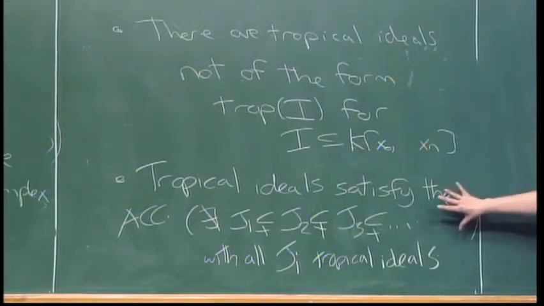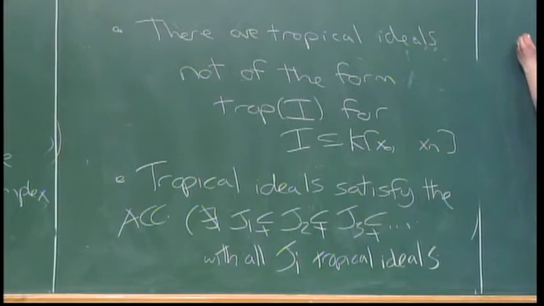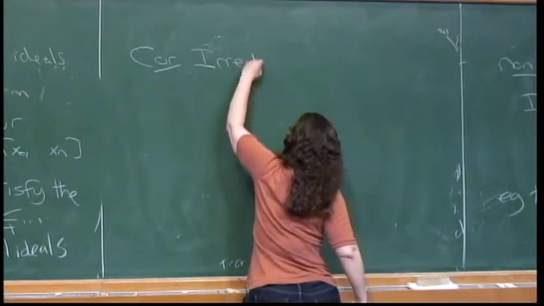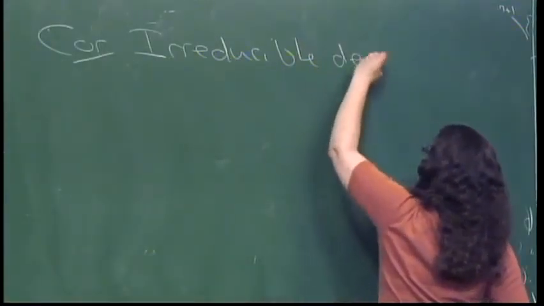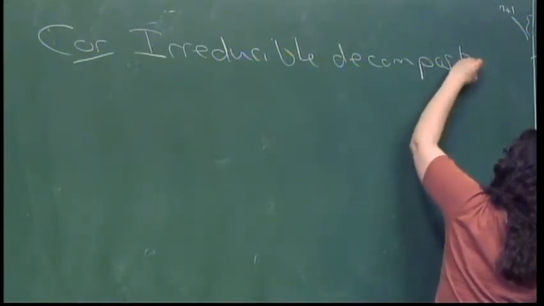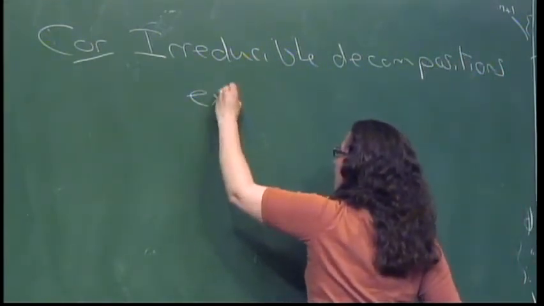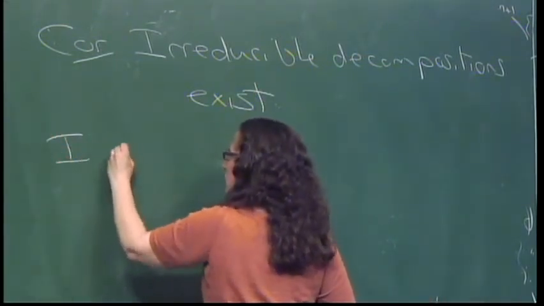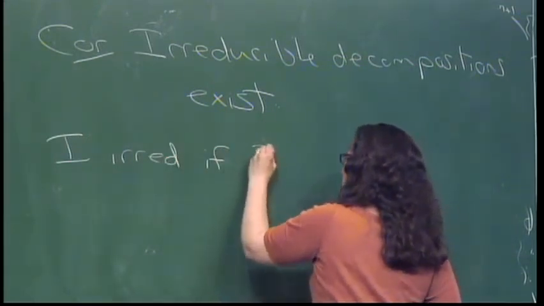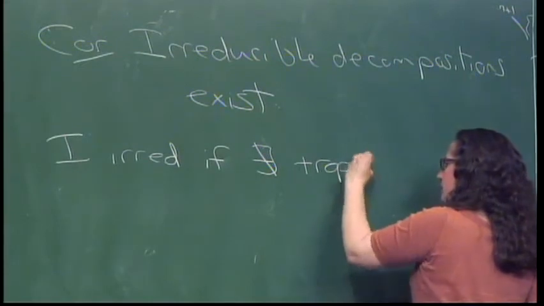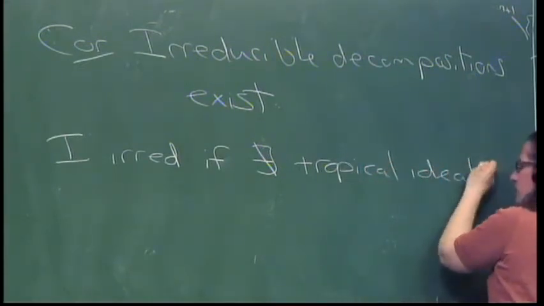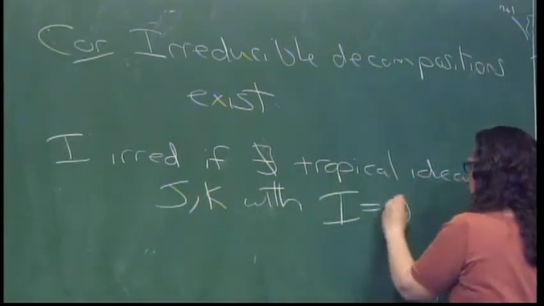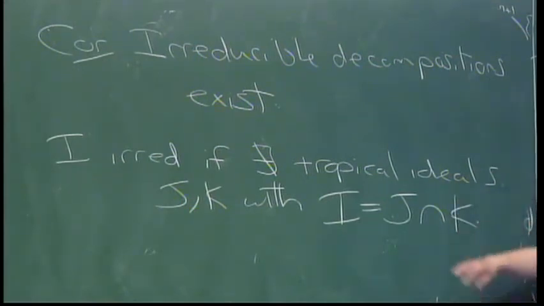So the good thing about this, we do get some formal consequences. Corollary: irreducible decompositions exist. That means we're going to say I is irreducible if there do not exist tropical ideals J and K with I equals J intersect K. So now you're at the level of varieties.